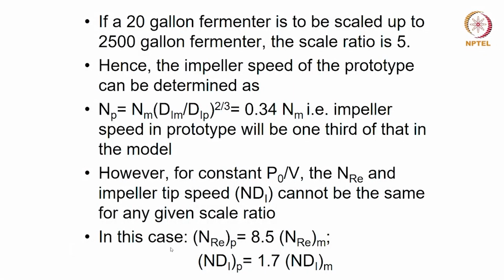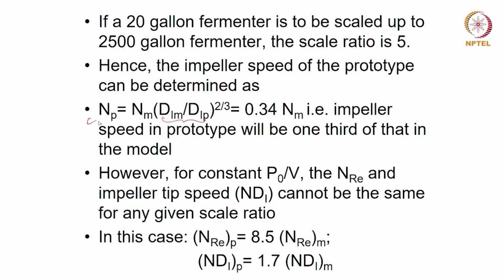If a 20-gallon fermenter is to be scaled up to 2500-gallon fermenter, then we know the scale ratio would be 5. The impeller speed of the prototype then can be determined. If P by V is the scale up criteria, then in that case, we know now the diameter ratios can be given as 1 by 5.